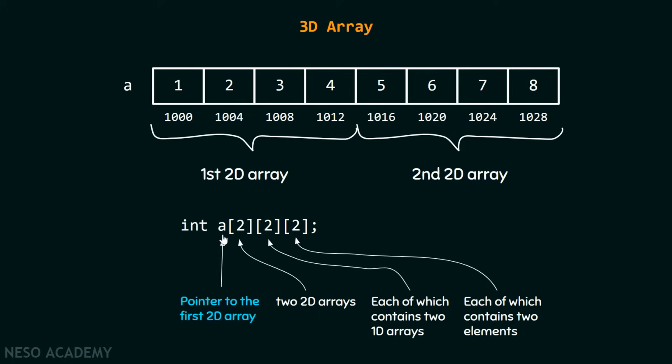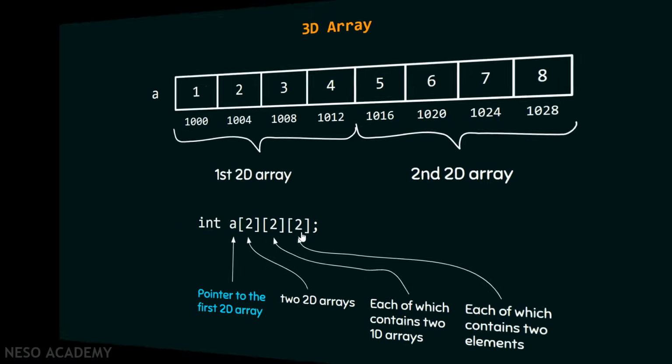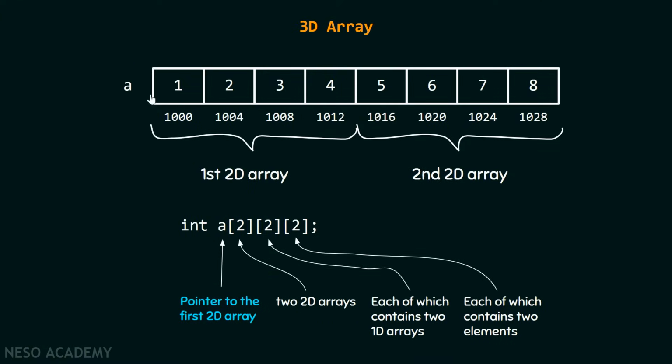I can read this as: a is a 3-dimensional array which contains two 2-dimensional arrays, and each of these 2-dimensional arrays contains two 1-dimensional arrays, and each of these 1-dimensional arrays contains 2 elements. Okay? This is the whole 3-dimensional array, and it contains two 2-dimensional arrays, each containing two 1-dimensional arrays of two elements.